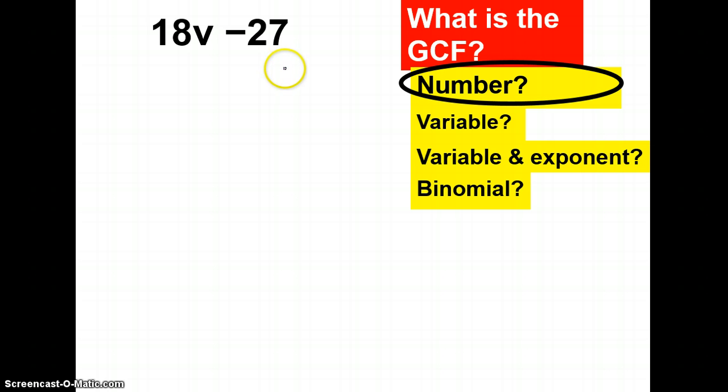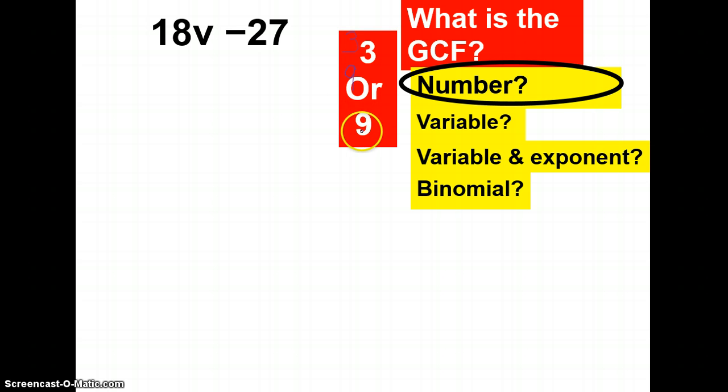So our GCF is going to be a number. Let's see. There's some possibilities. We could probably take out a 3. We could probably take out a 9. Which is the largest number, 3 or 9? 9.